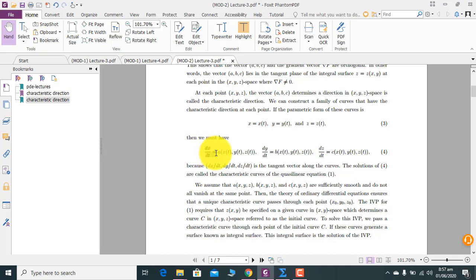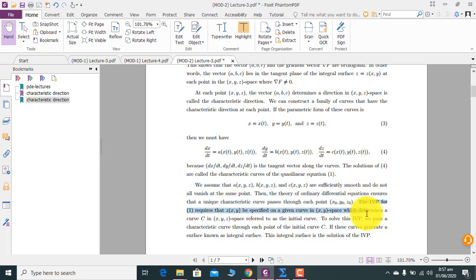So a solution for the system of 3 ordinary differential equations exists if your right-hand side is a sufficiently smooth function, which means that the derivative at each point (x0, y0, z0) exists and is defined, and A, B, C are continuous as well.